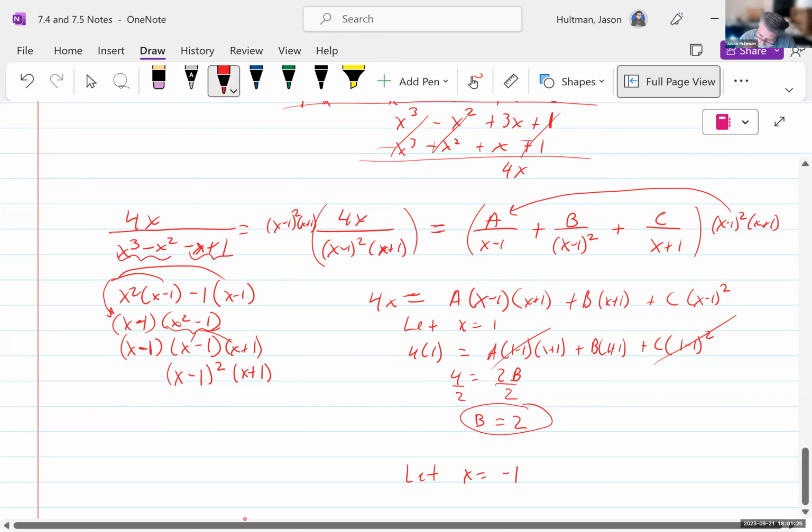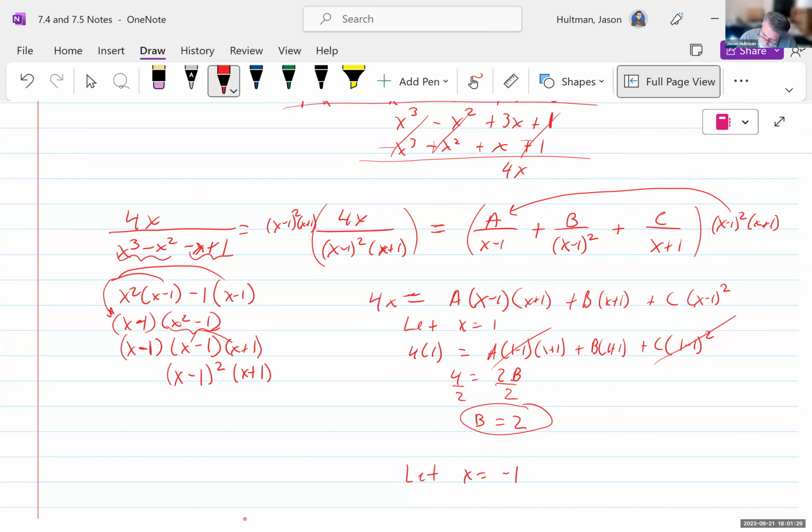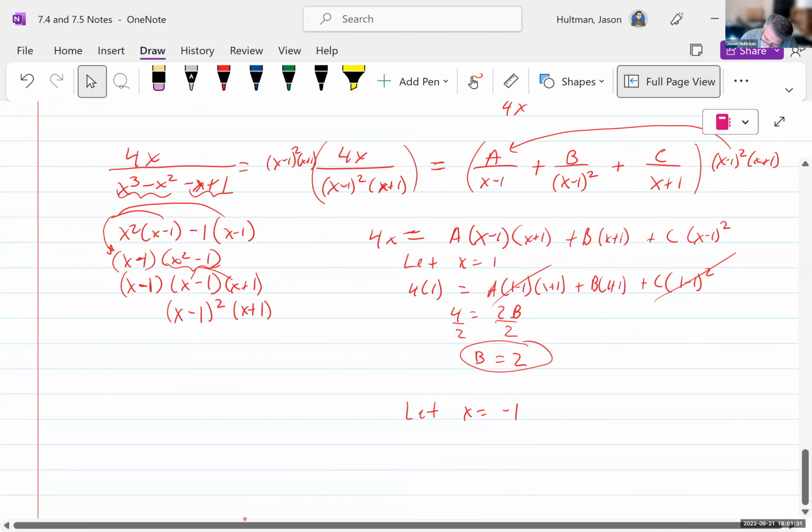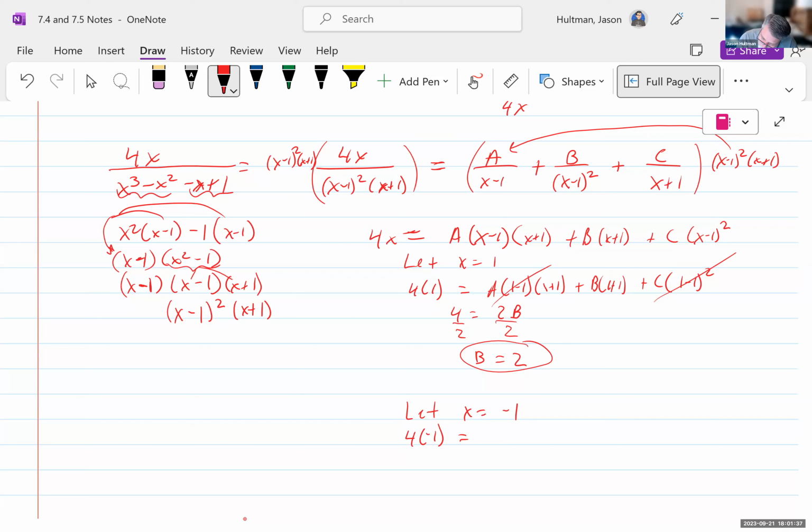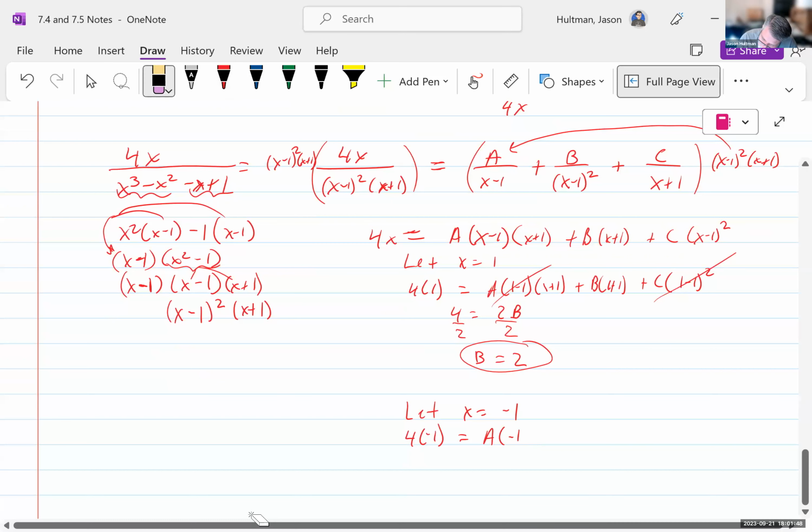Okay, that's good. Nice. Yep, like what we've done there. Okay, so this is going to become 4 times negative 1 is equal to a times negative 1 minus 1. It's minus negative 1 actually. It's going to go to 0.